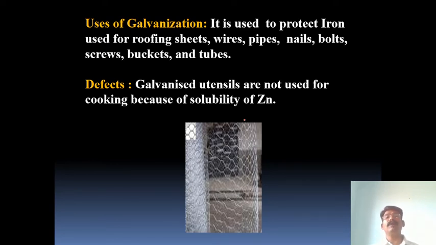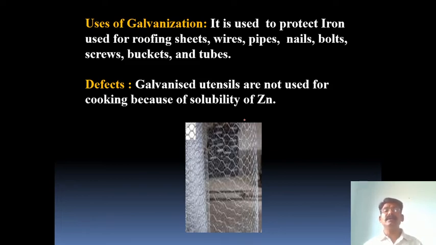But not utensils, because of the sulfuric acid, it becomes poisonous. So don't use galvanized coated material for utensils. Galvanized metals cannot be used for utensils, only for pipes, wires, roof sheets, nails and bolts.